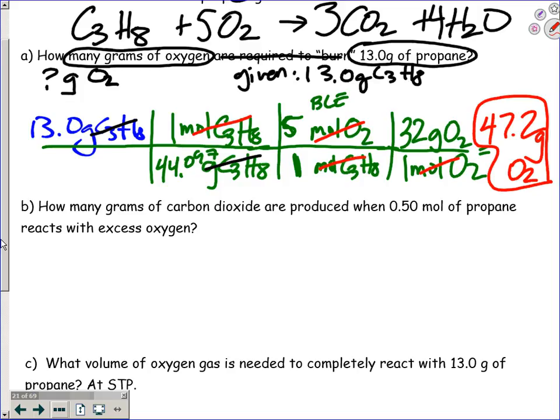I have that written down. Right here. We've gotten to the moles of B. That would write down, right?